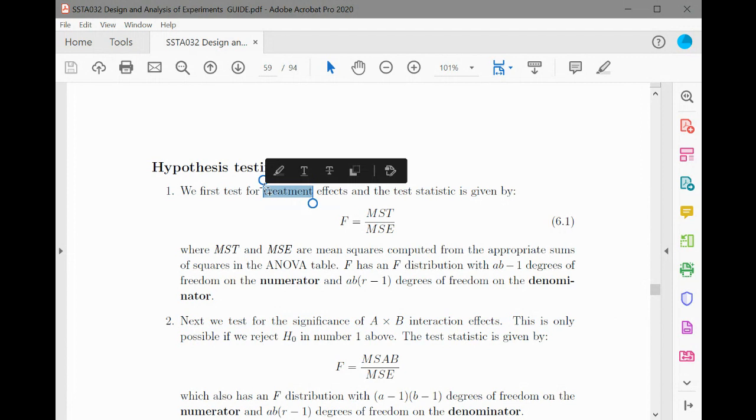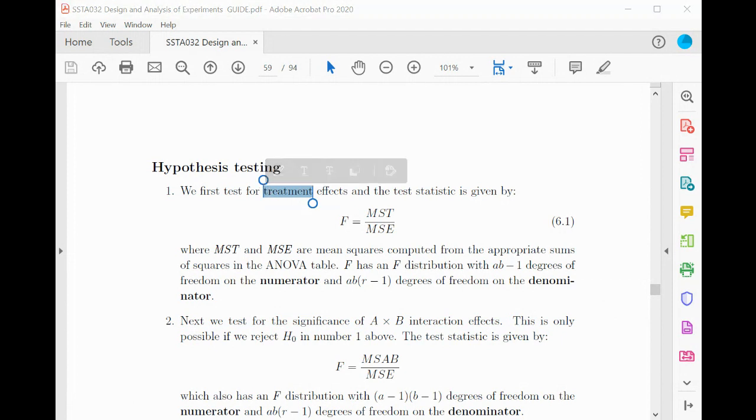Am I audible, leaders? Yes, sir. Yeah, now I can hear you. Earlier, I noticed that you were trying to say something, but I couldn't hear you.